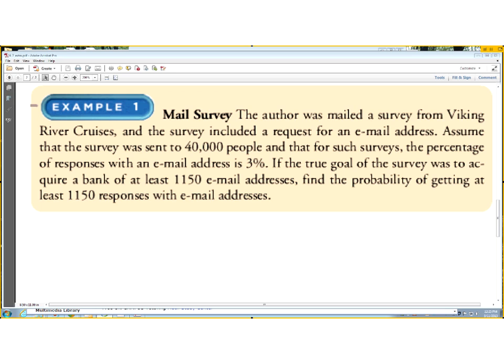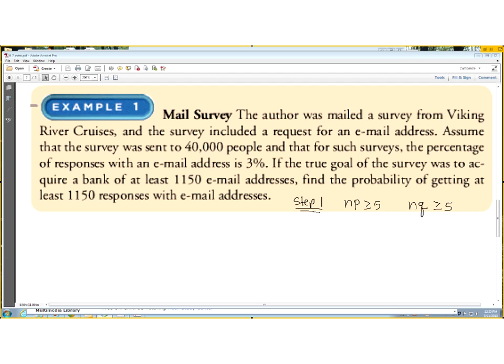From last class meeting, the very first step is to check that we can continue using the normal to approximate the binomial data. We have to check that n times p is greater than or equal to 5, and that n times q is also greater than or equal to 5.